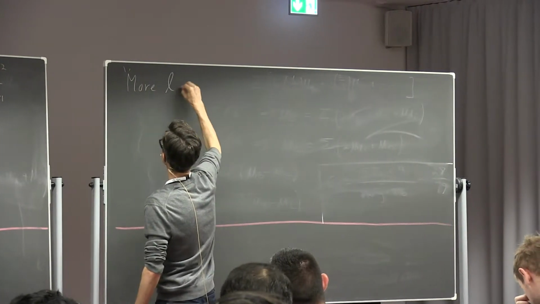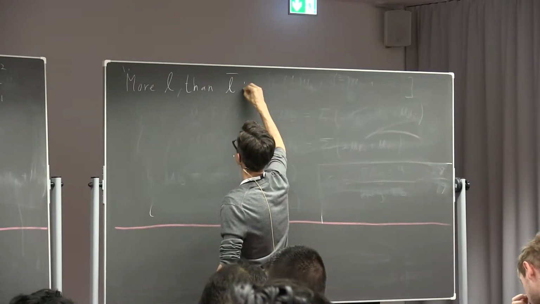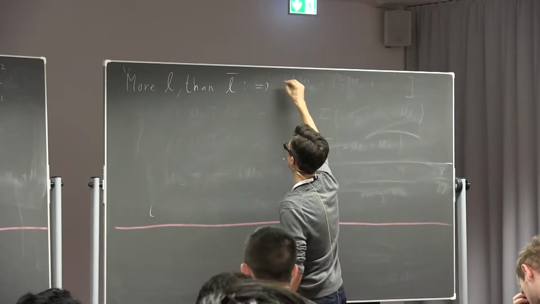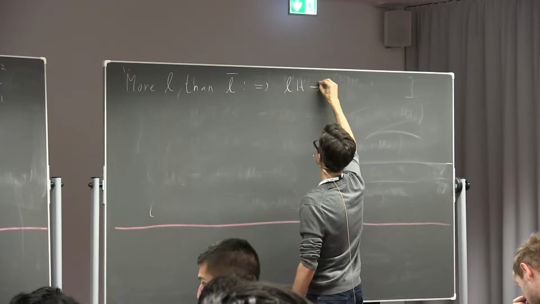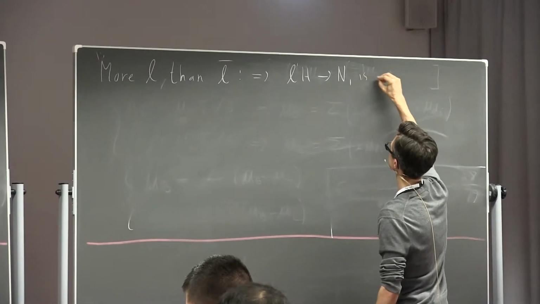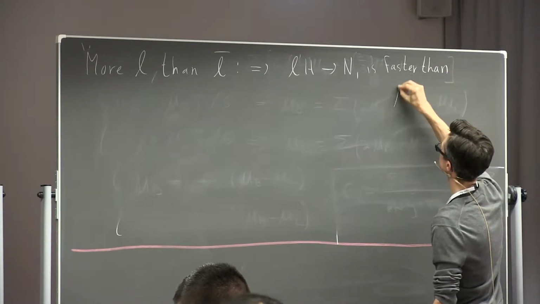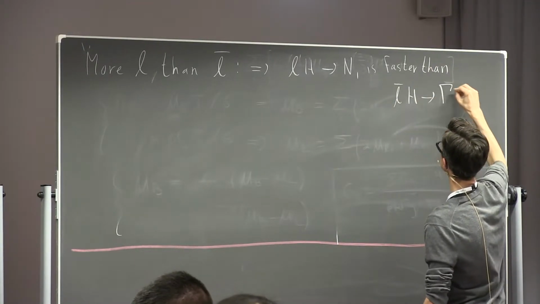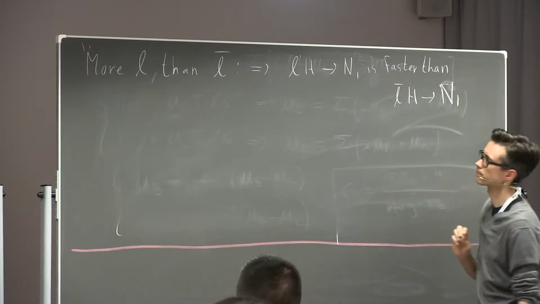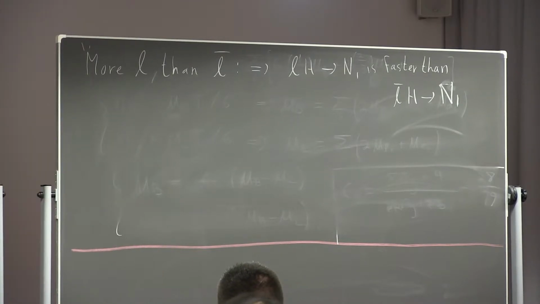Okay, so if I have more L than L bar in my plasma, this means that the process LH... So the way to think about washout, and this is only one example of a washout contribution: suppose I've made more leptons and anti-leptons in my plasma.